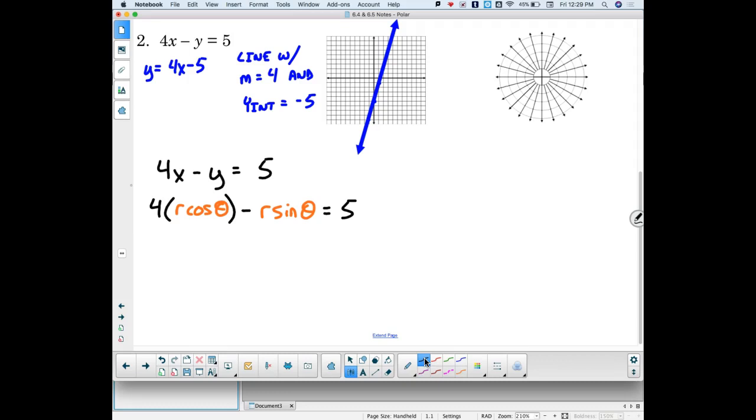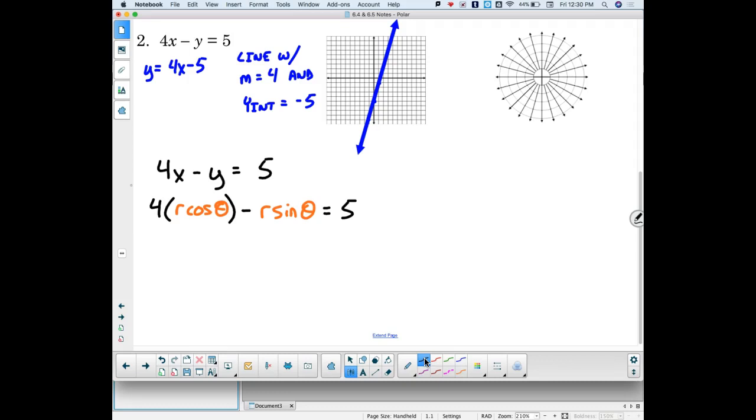If this were 4x squared plus x, how would you solve for x? Factor it. So if it's 4r cosine of theta minus r sine of theta, and I want to solve it for r, what would I do? Factor it. What am I going to factor out? r, because they both have an r in them. I can't factor out r sine of theta because they don't both have a sine.